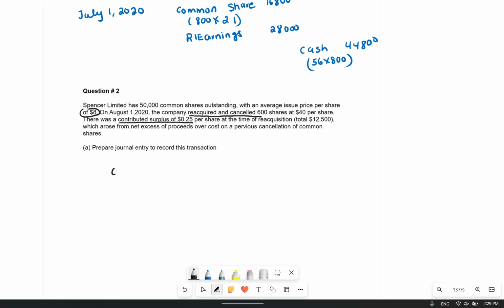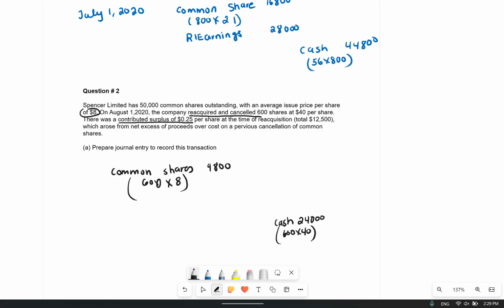When you reacquire and cancel, that means you take the common shares out of circulation. So that will be 600 shares times your $8 per share, which is your $4,800. Then we paid cash: 600 times $40, so the price that we paid was 24,000.